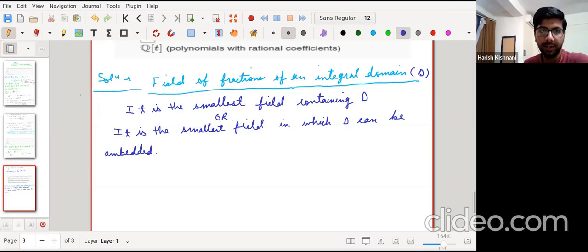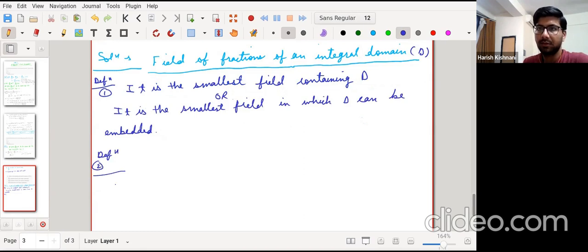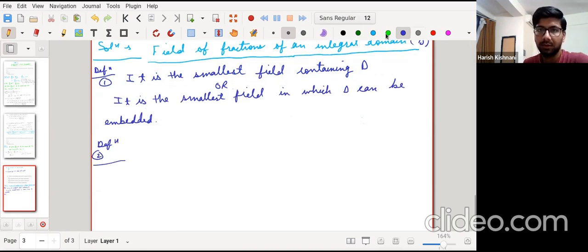when we try to construct it explicitly. For this we need an equivalence relation.